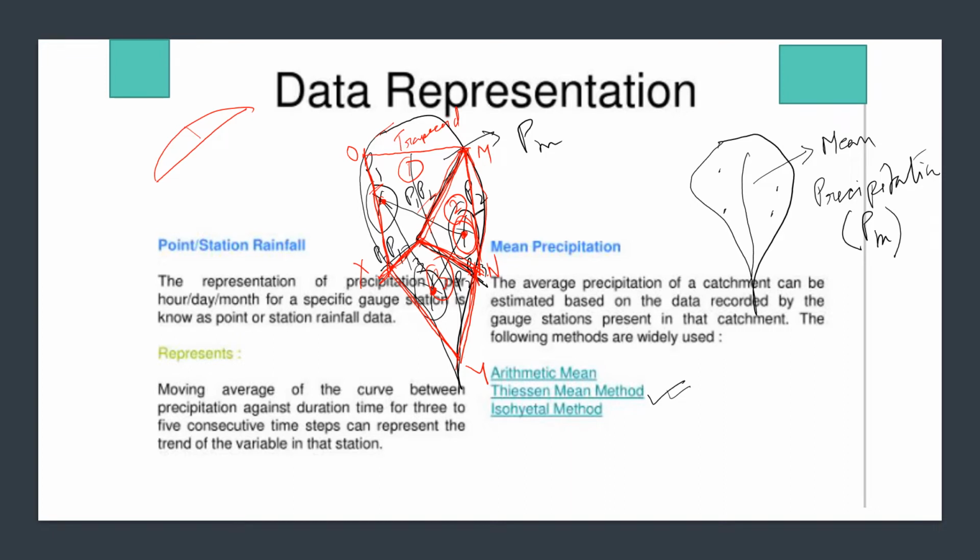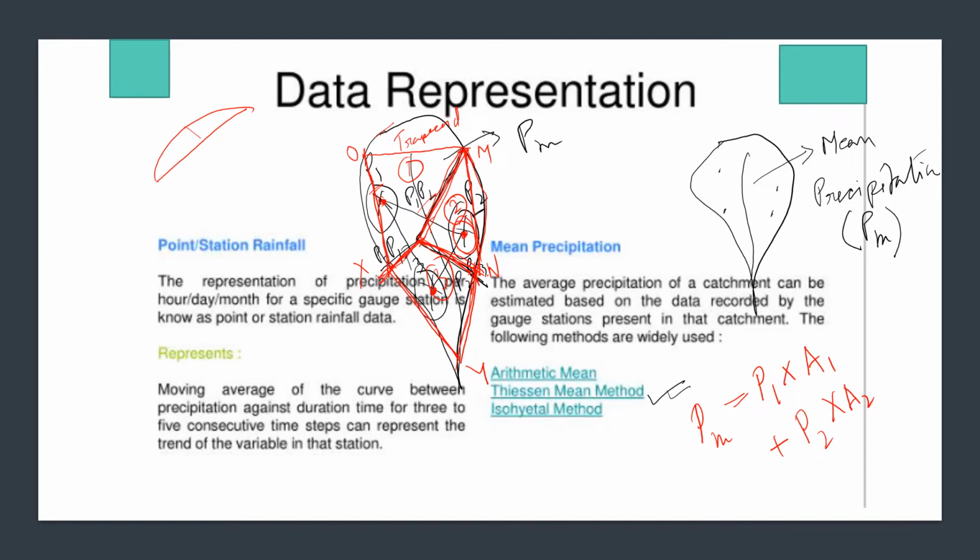Now the formula for estimating PM, that is the mean precipitation of the watershed, by the Thiessen mean method is like this: P1 multiplied by A1. A1 means the area of the polygon which surrounds the rain gauge station P1, plus P2 multiplied by A2.